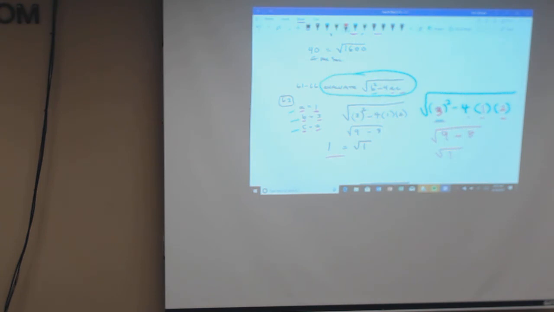And then rational numbers. Maybe we should go to the next one. Irrational numbers. Which ones are irrational? Pi. Pi is irrational. So for irrational, you put a check mark by pi.